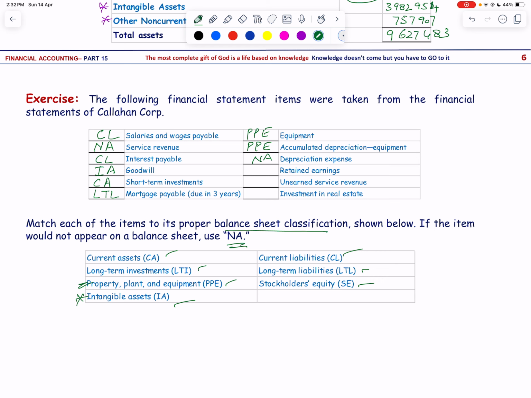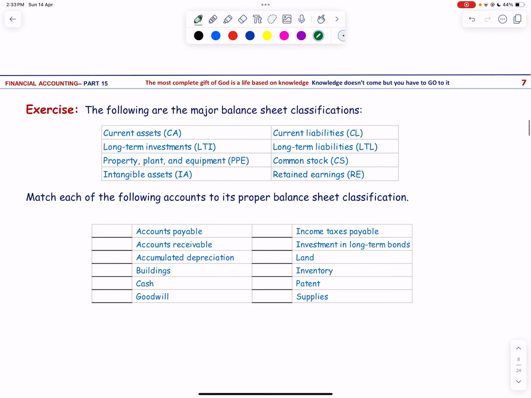Retained earnings is stockholders' equity, and unearned service revenue is again a liability, a current liability, and then investment in real estate is a long-term investment. Okay, let us move on to the next exercise. The following are the major balance sheet classifications and match the following accounts to their proper balance sheet classification.